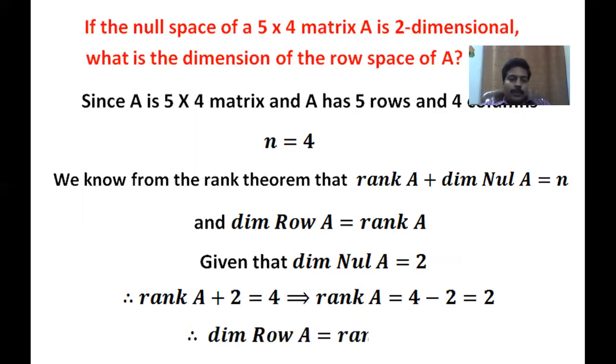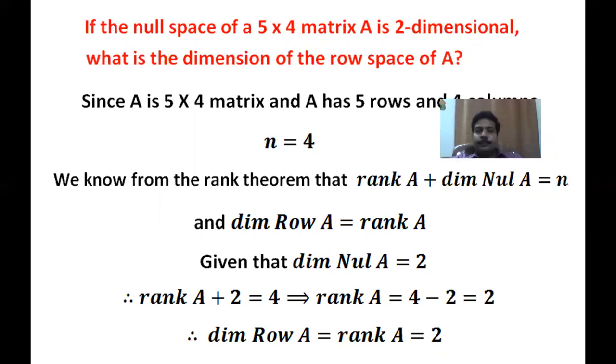So dimension of row space A is rank of A, that is 2. So it is a similar problem to the earlier one. Here we need to observe what n is. We need to be careful about the value of n.